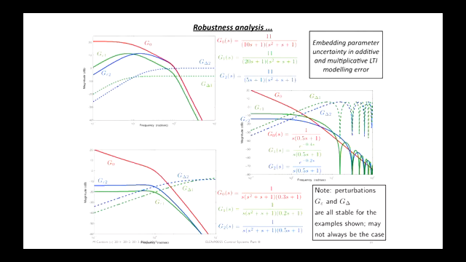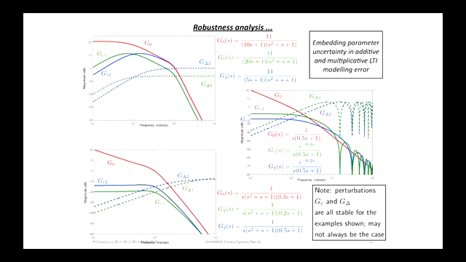The way we're going to think about the perturbations is in terms of their size across frequency. In this case, the perturbations are stable, but that may not always be the case. It just turns out to be the case here.